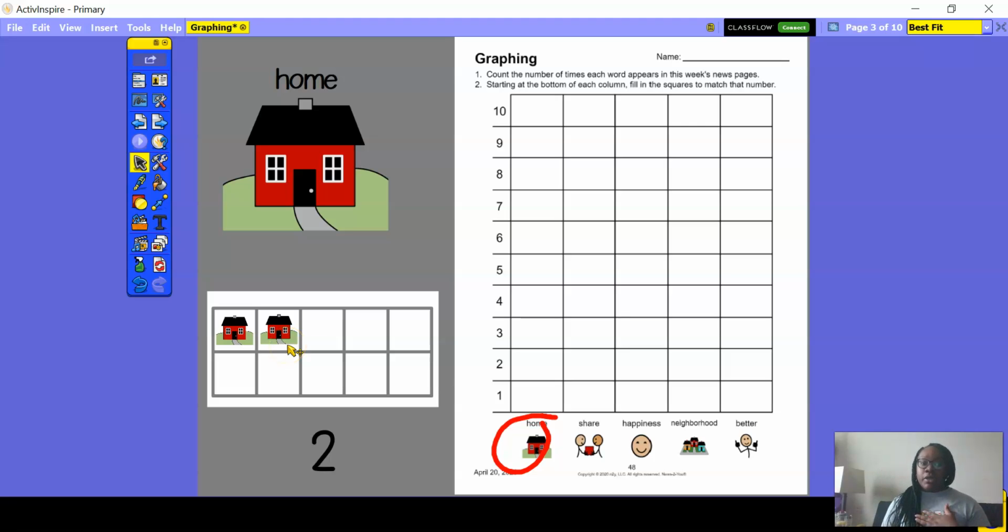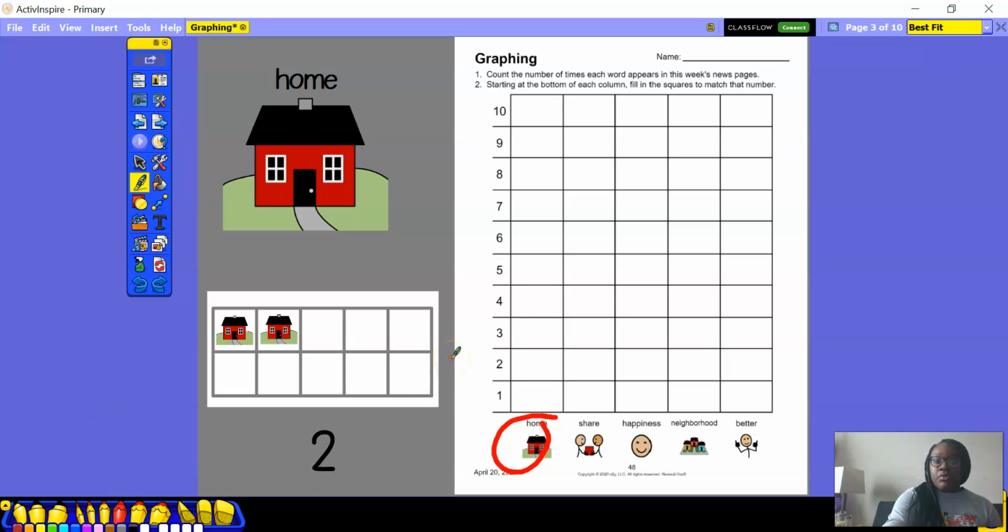And so what I'm going to do, I'm going to drag these images onto our worksheet. You can use a writing tool, like how we did for a previous graphing lesson, and you can color in 2 spaces. If you do not have a writing tool with you, you can use a sticker, a marker, and easily just draw a dot.